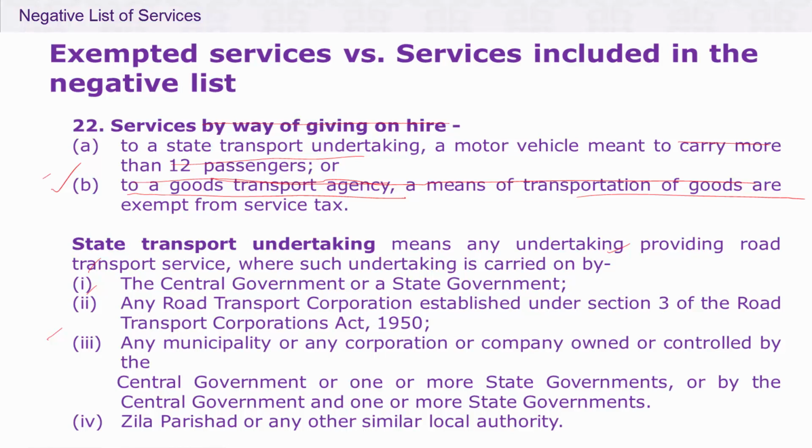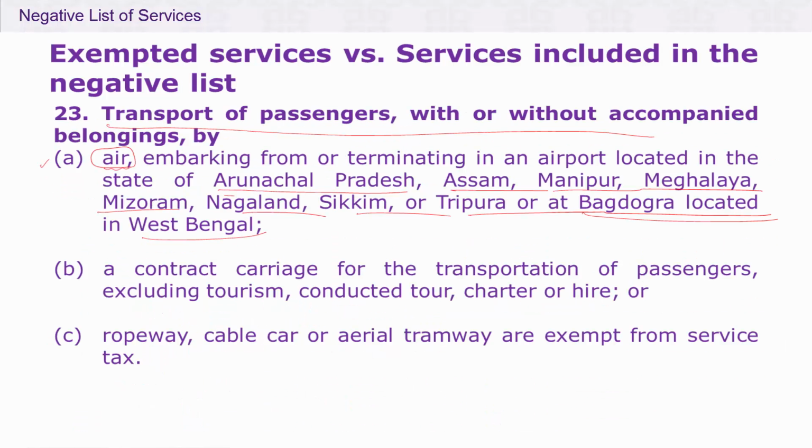Next, let's go for 23. Transport of passengers with or without accompanied belongings, this we have already covered. Next, contract carriage for the transport of passengers, this we have covered under O. And what about this one? Ropeway, cable car or aerial tramway are exempt from service tax. These are relating to passengers.